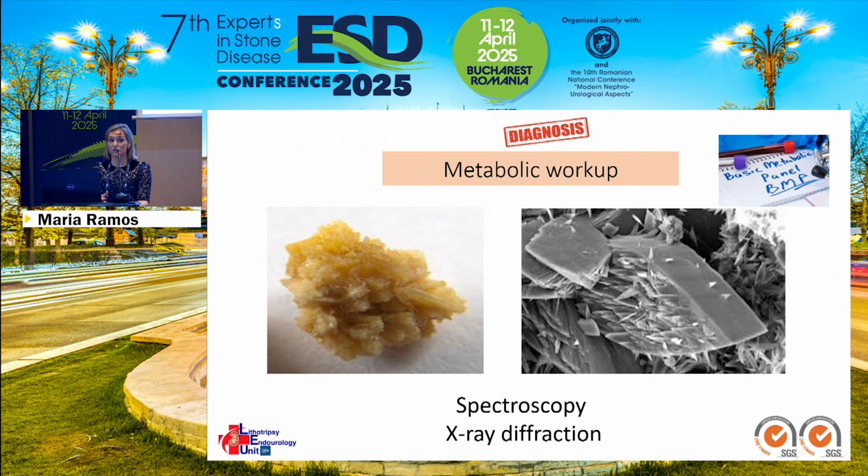But one of the most important things is the stone analysis. Bernard will speak about this, and it's mandatory, it's crucial for the diagnosis to have a stone analysis if we have the stone.